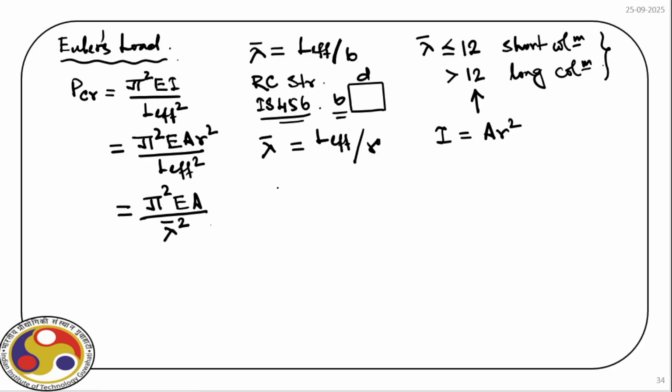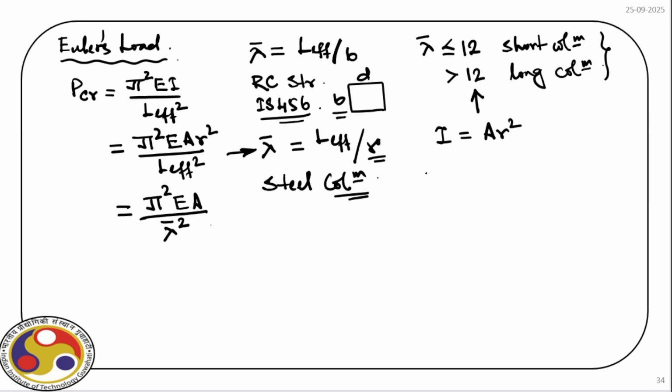Now for steel column, we use this definition of slenderness ratio where we consider radius of gyration R, right?